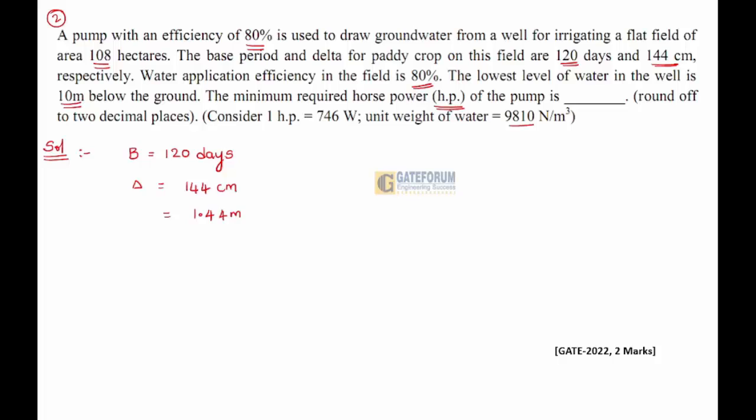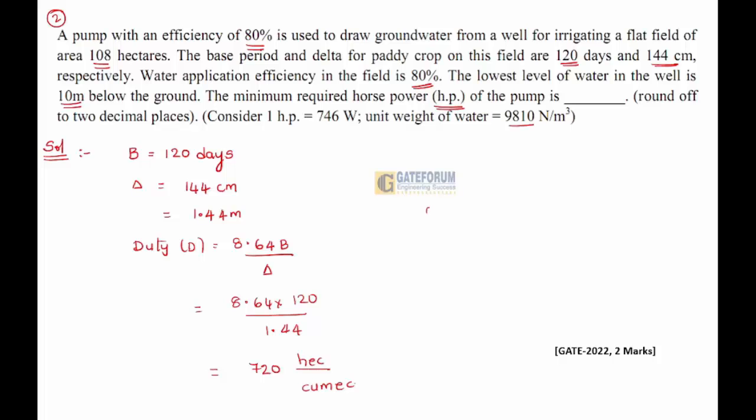Duty is around 8.64 B by delta. This is the formula. So 8.64 into 120 by 1.44. You will get around 720 hectares per cumec.